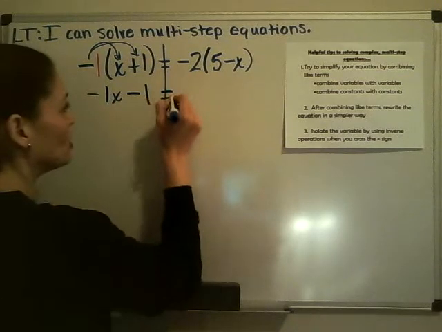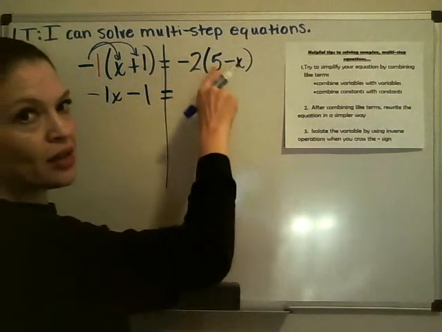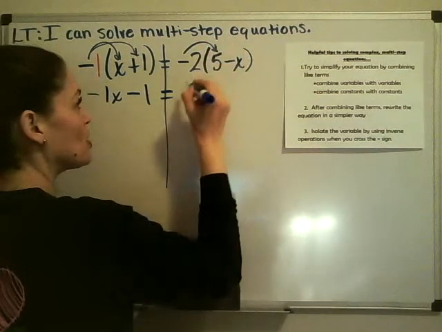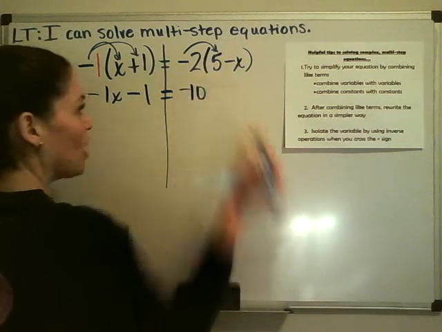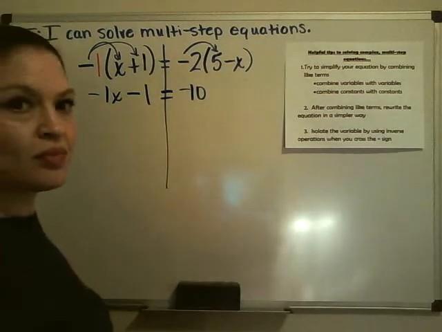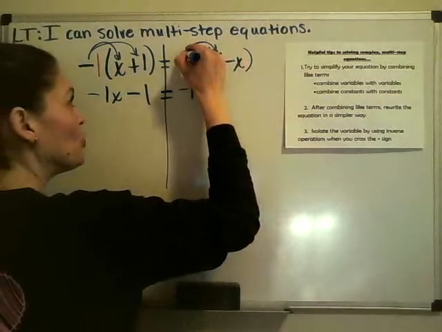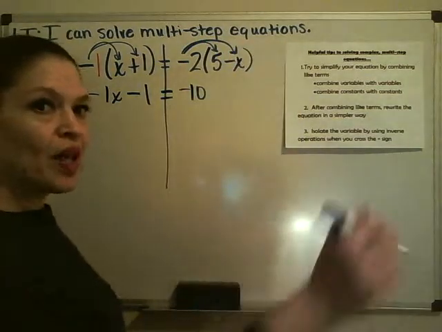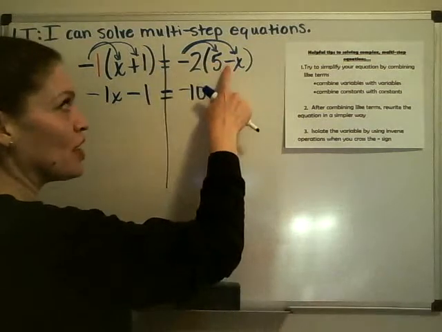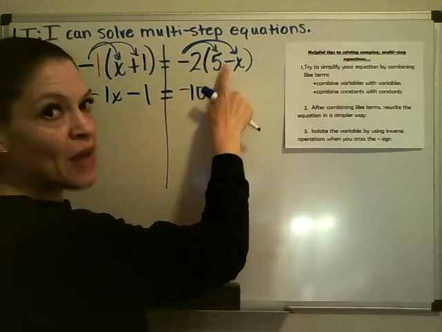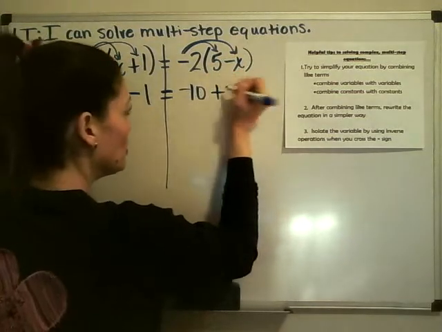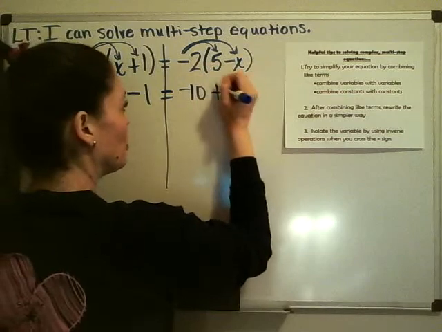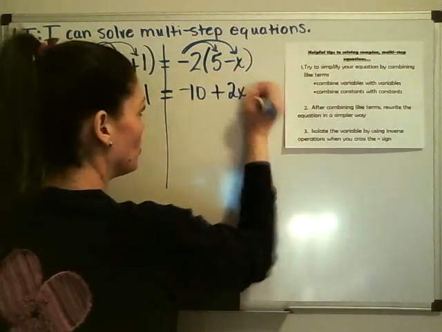Equals. Okay, start distributing on this side. -2 times 5 is -10. And -2 times a -x, okay, hold up. A negative times a negative is positive. So -2 times -x is going to be a positive 2x.